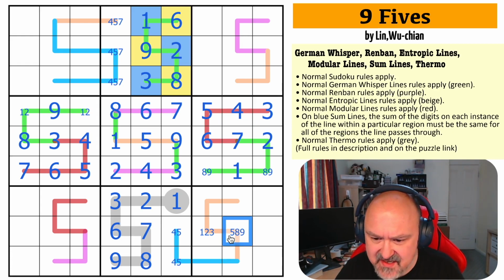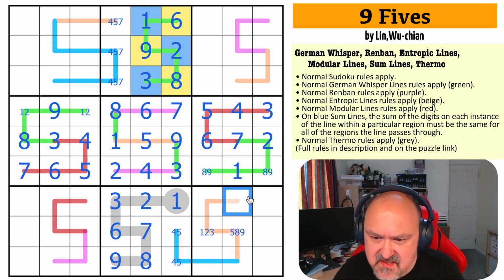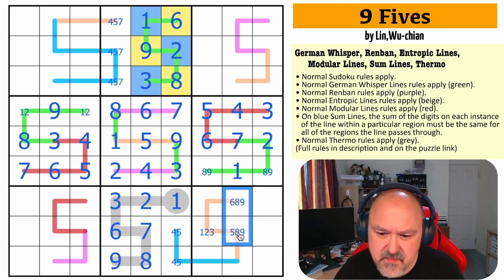If it's high, it's 8 or 9. And this is the same. If it's middle, it's 5 or 6, but it couldn't be 5. So this would be 6, because if it's middle, this would have to be the 5 and this would have to be the 6. And this would be 8 or 9. This would be an 8-9 pair.